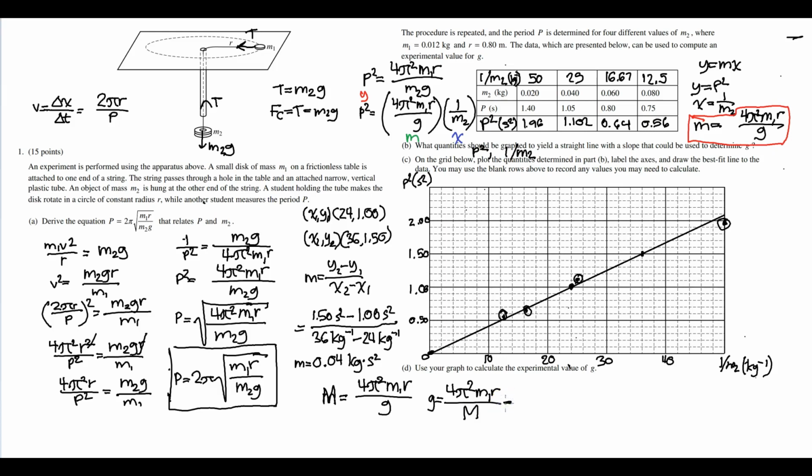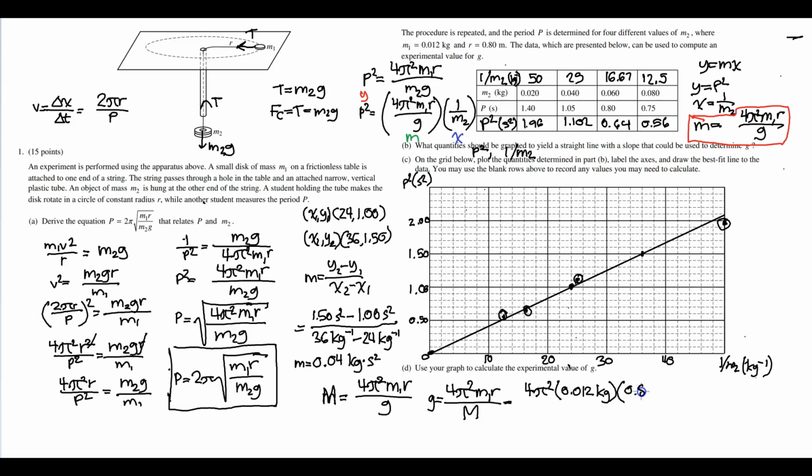So that gets us 4 pi squared times m1, 0.012 kilograms, times r, not 0.08, 0.80.